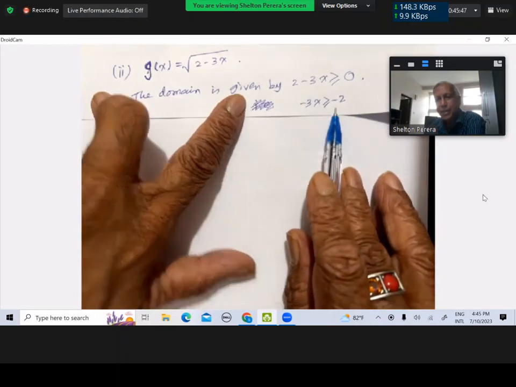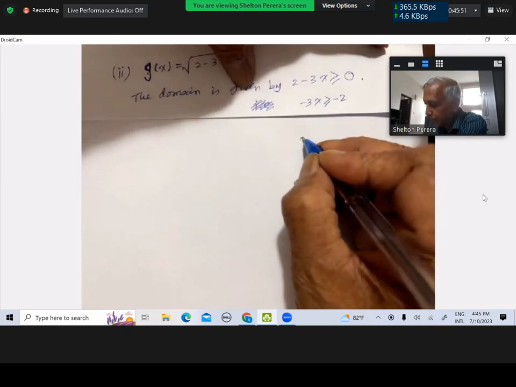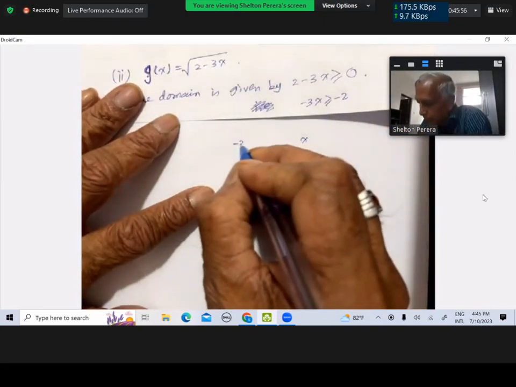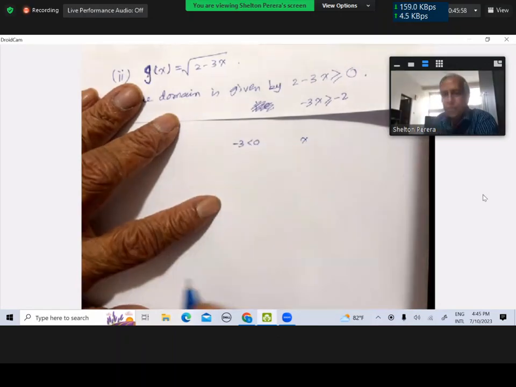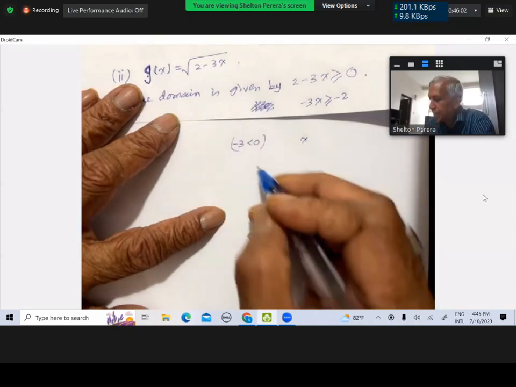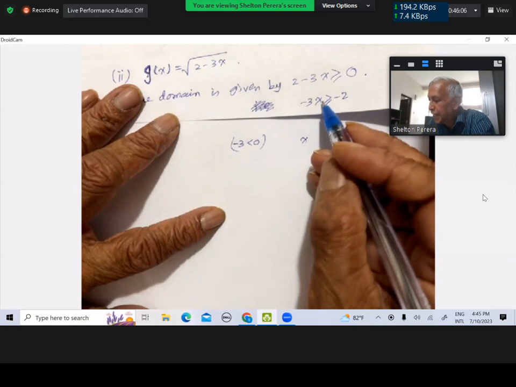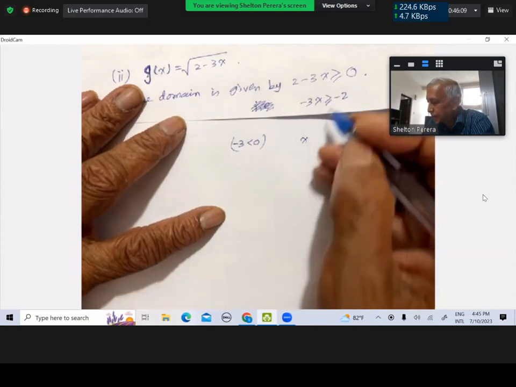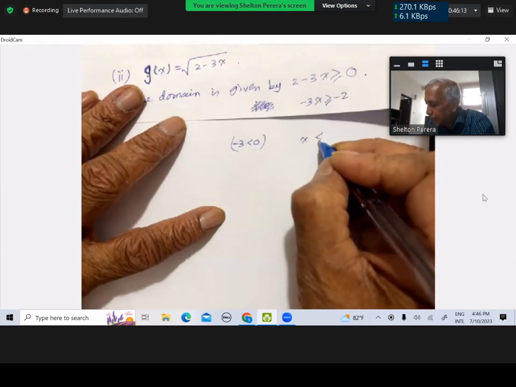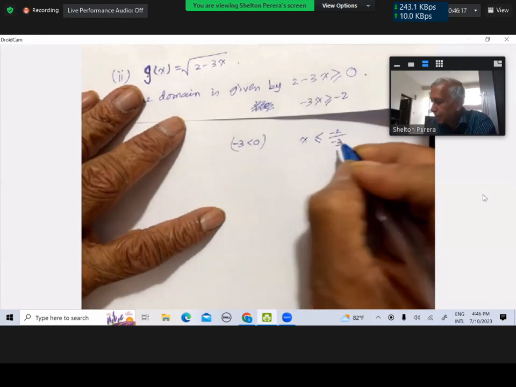Now, to find x, you have to divide by a negative number. Minus 3 is negative. You want to divide by negative 3. Dividing by a negative number, inequality reverses. x less than or equal to minus 2 divided by minus 3.